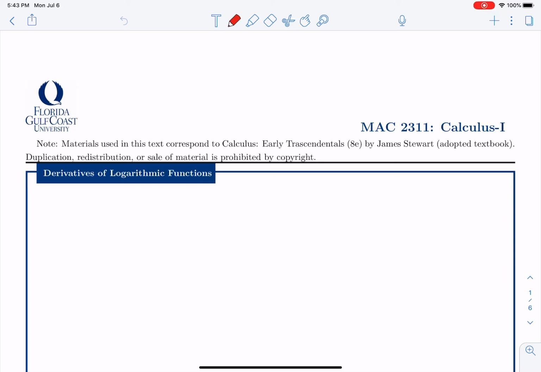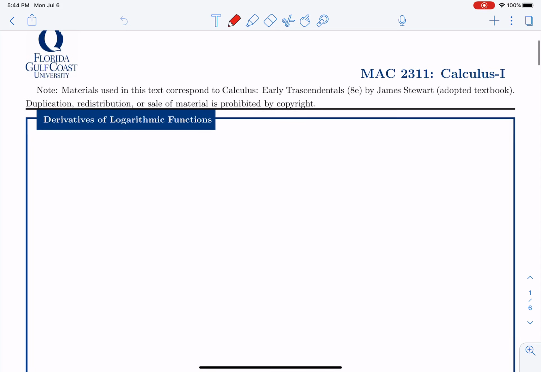So here we look at the derivatives of logarithmic functions, and we know that a logarithmic function is dependent on its base. So important thing about logarithmic functions, let me just say that base is b.